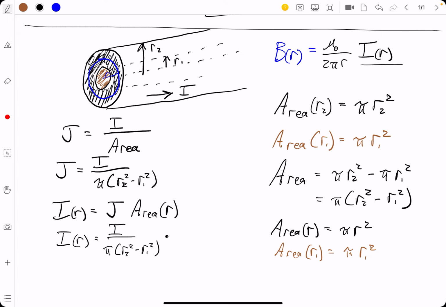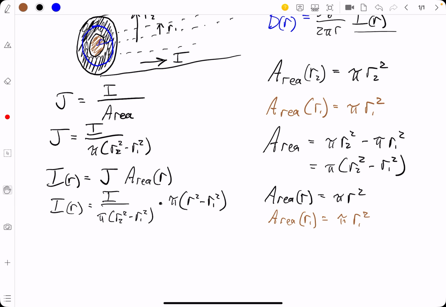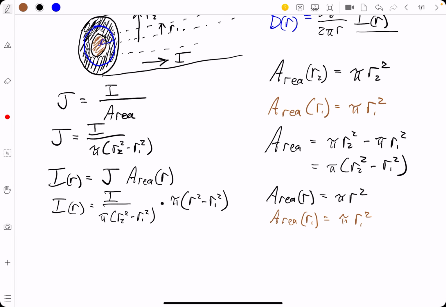And we're going to multiply that by our area, which is pi times r squared, because that's r, that's the one that we want, minus R1 squared. So we do that, and I just needed a little bit more room.